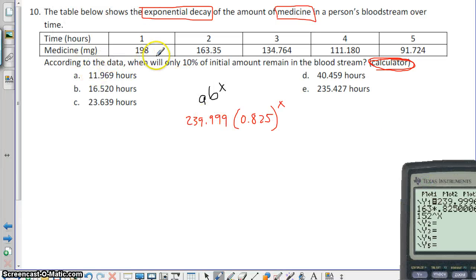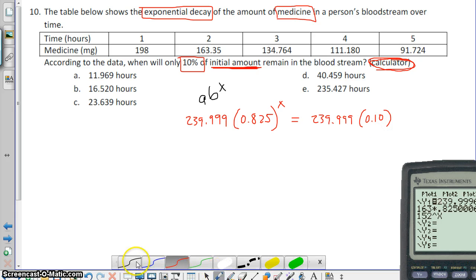So then, according to the data, when will only 10% of the initial amount remain? So I want to set this entire thing equal to when there's only 10% left. So I'm basically going to take 239 multiplied by 10%, which is just 0.10.